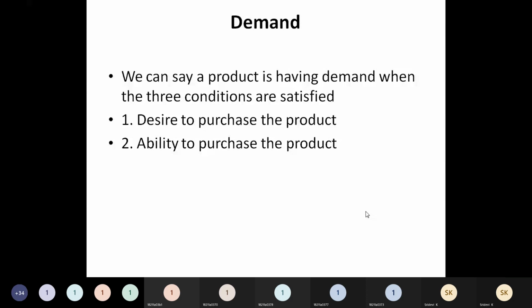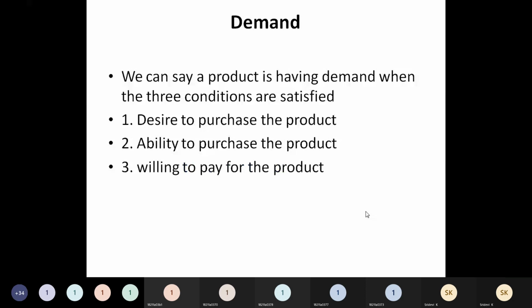Having enough income with me to purchase that product. So I should have the desire to purchase first of all, then only I will think about that. And I should have the ability to purchase. Then only I will purchase. And the third condition, willingness to pay.